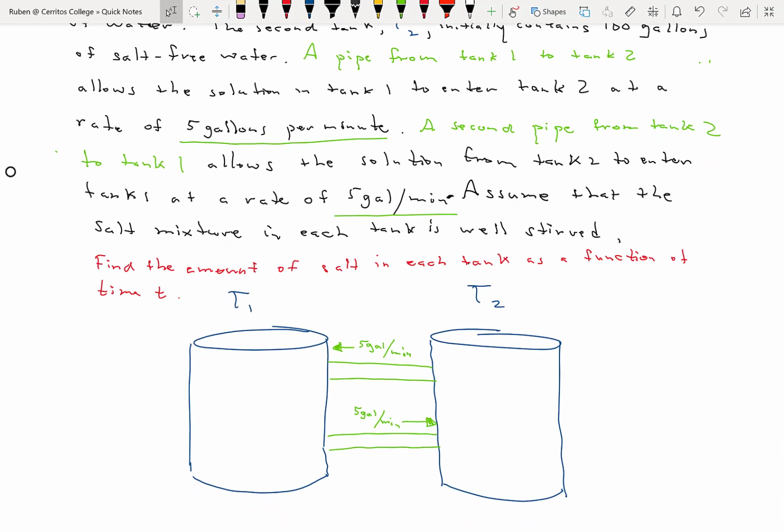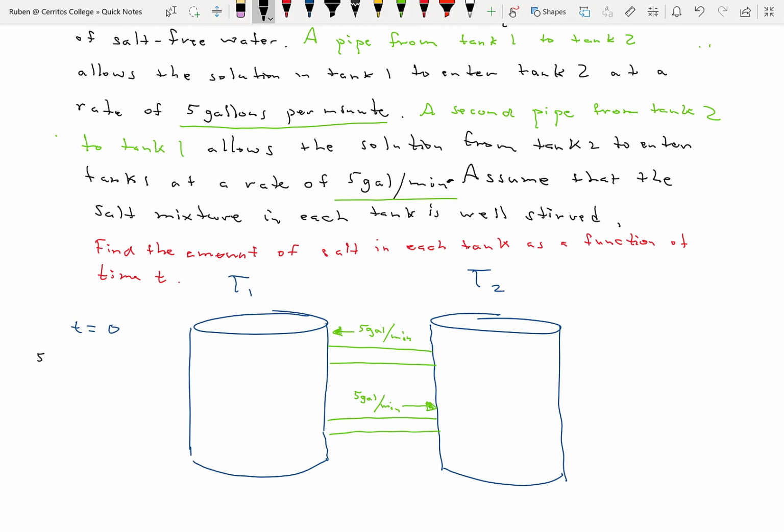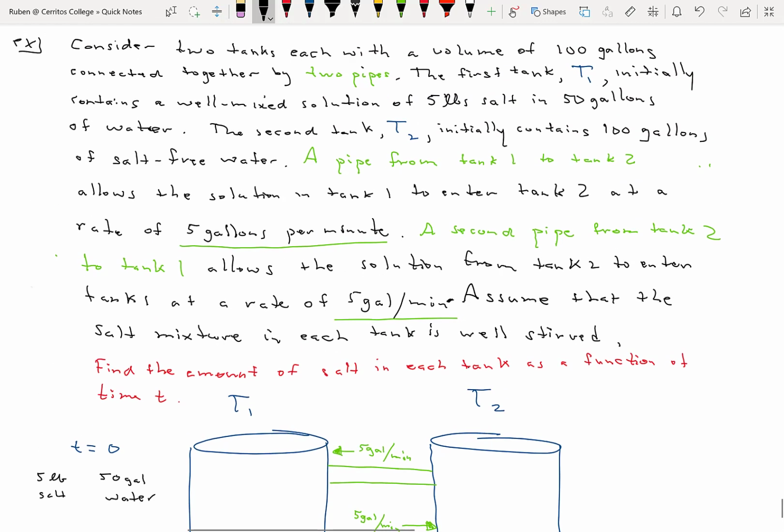So right by tank 1, I'm going to write at t equals 0, we have 5 pounds of salt in 50 gallons of water mixed together.